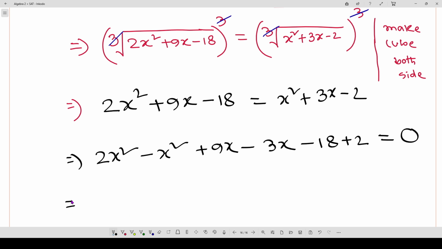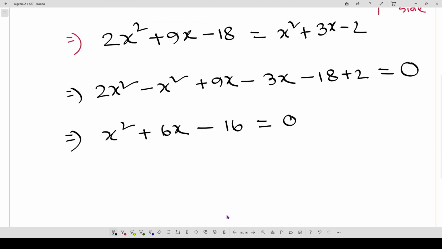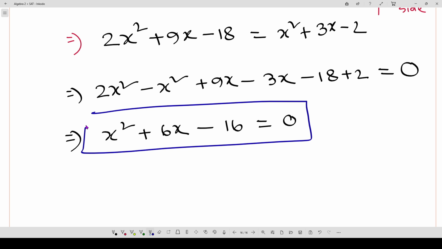Okay, now once we simplify, 2x² minus x² is x². Here 9x minus 3x will be plus 6x. Here minus 18 plus 2 will become minus 16 equals 0. So from this expression, we can easily find the value of x. How?